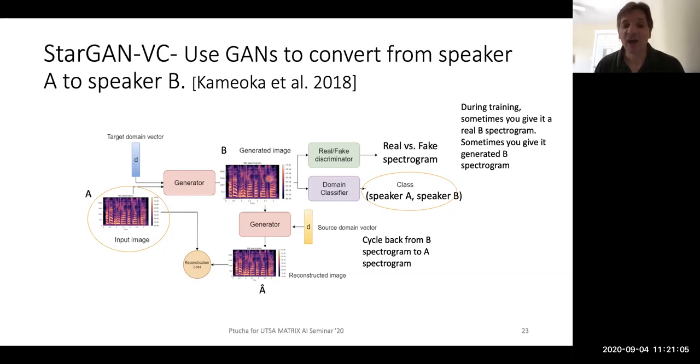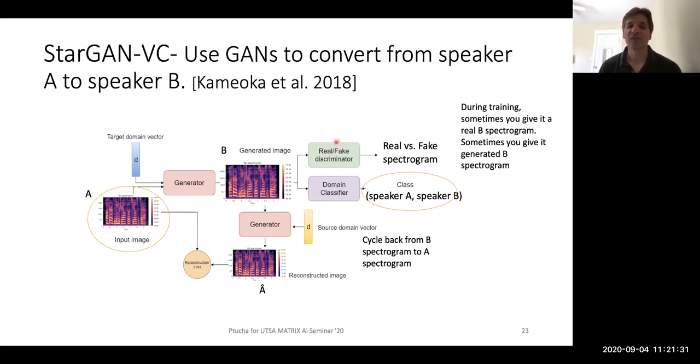Then we take the output from this generator and first of all pass it into what we call a discriminator. This neural network's only job in life is to say whether that was a real or a fake spectrogram. During training, sometimes we give it a real spectrogram from B, and sometimes we give it a generator one.